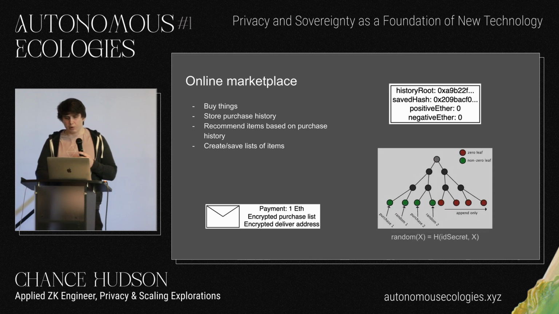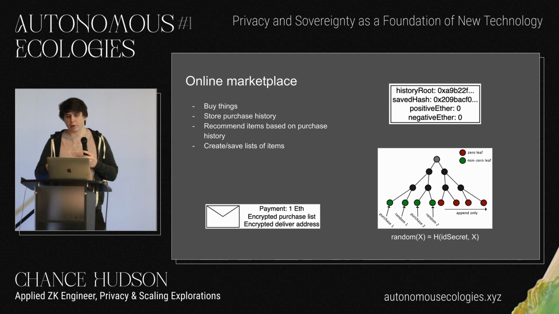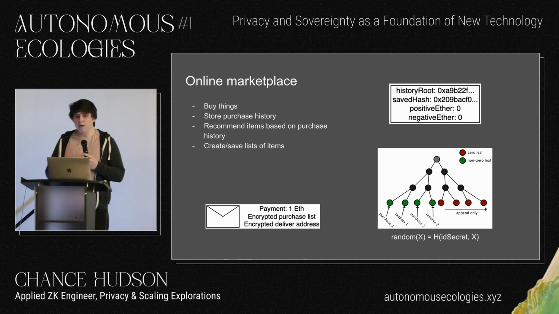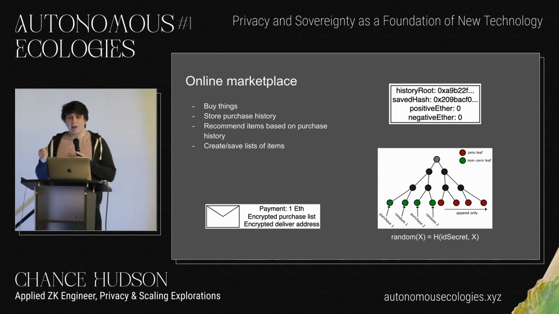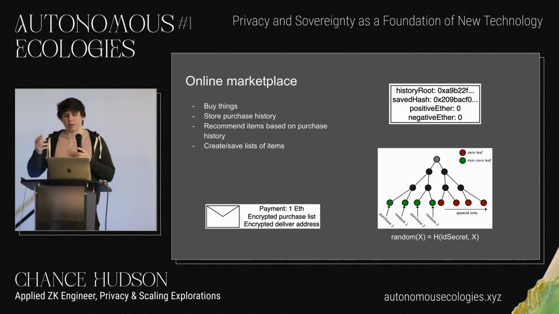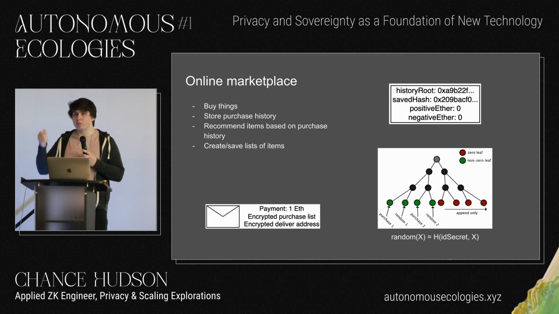So let's look at the history root a little bit more. This is what the history tree would look like. Every time the user makes a purchase, they're going to update this tree in ZK and add a purchase element and a random element. The reason that they add a random element is so that an outside observer cannot brute force construct the tree, because all of these purchase hashes are going to be public data.